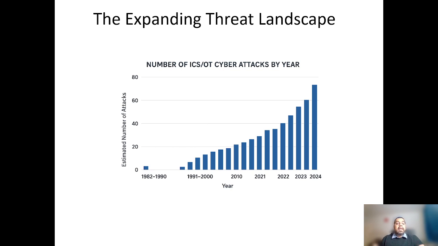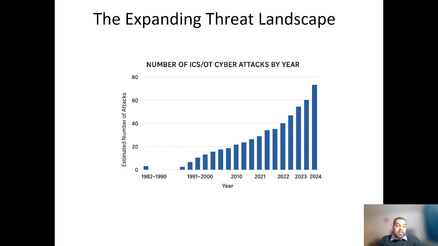A decade or two ago, only a very small number of highly skilled groups were capable of attacking industrial systems. These operations require significant funding, access to specialized hardware, and deep domain knowledge. But now the landscape has shifted dramatically. If you look at the number of documented OT or ICS cybersecurity incidents by decade, you see the growth.